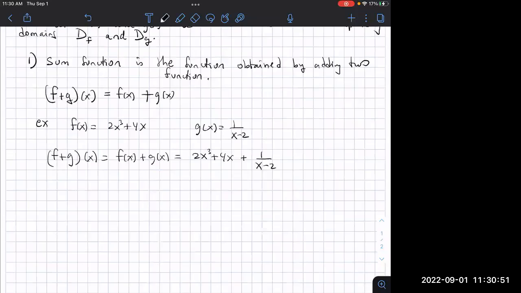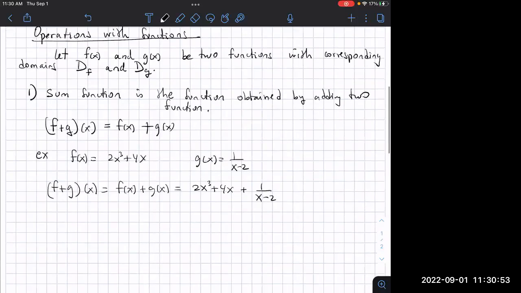Okay. Can you repeat that by any chance? Yes. So this is what I said. The sum function is a function obtained by adding two functions.